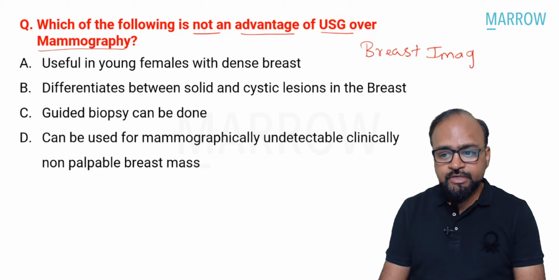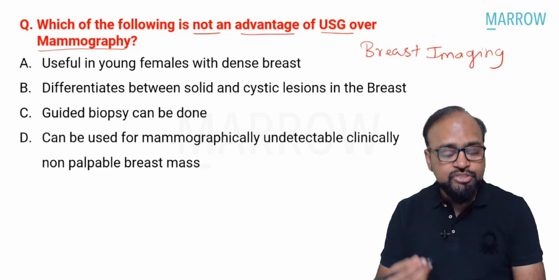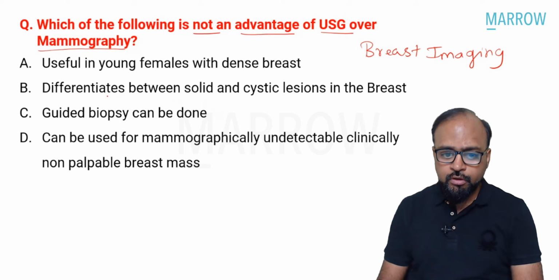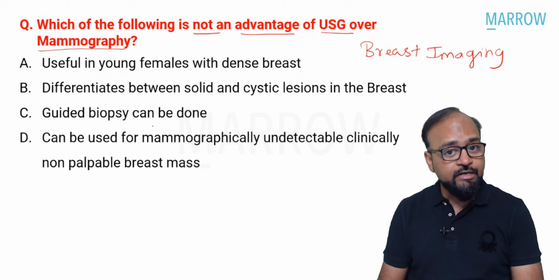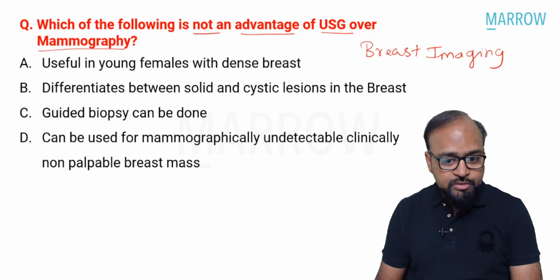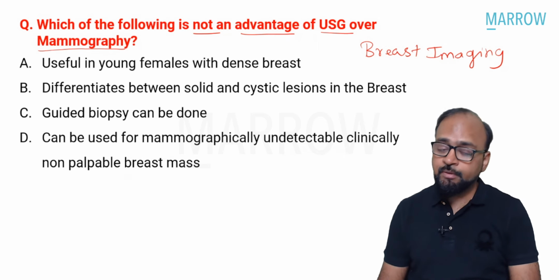The options: it is useful in young females with dense breast, differentiates between solid and cystic lesions of the breast, guided biopsy can be done, or can USG be used for mammographically undetectable but clinically non-palpable breast mass?